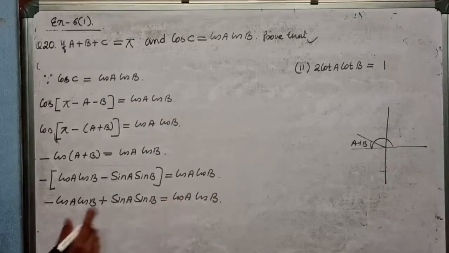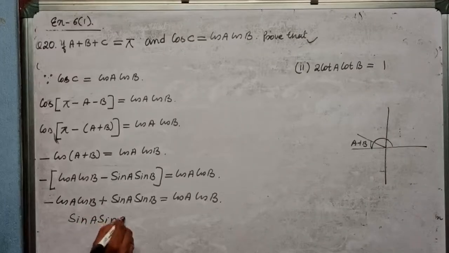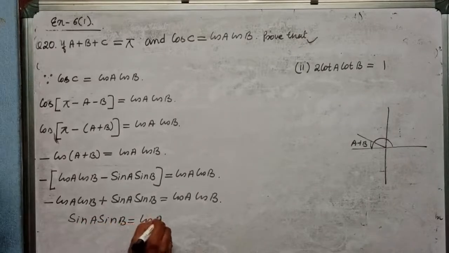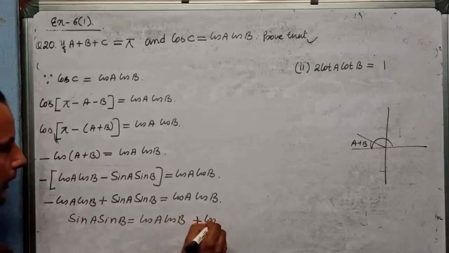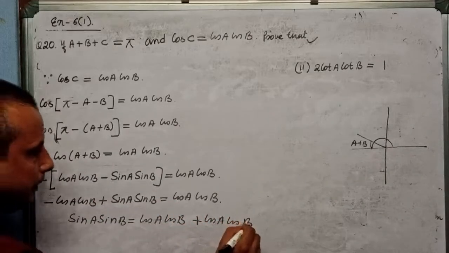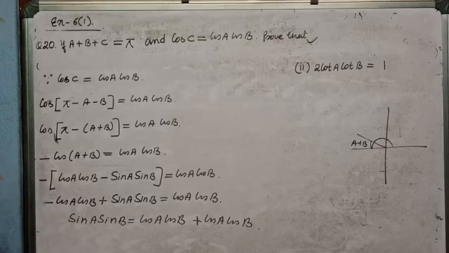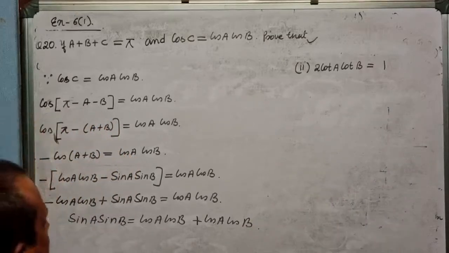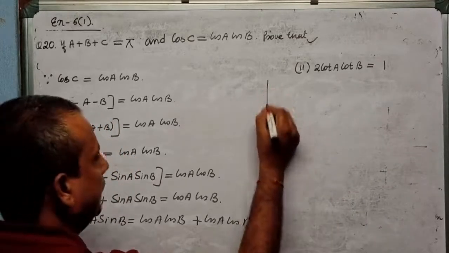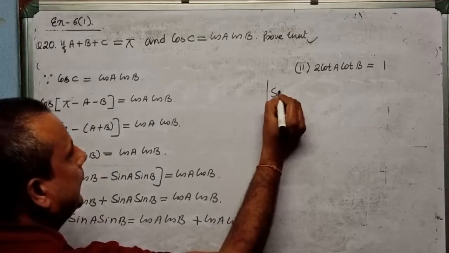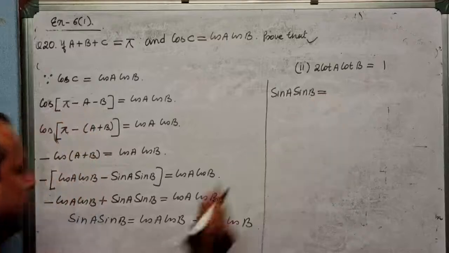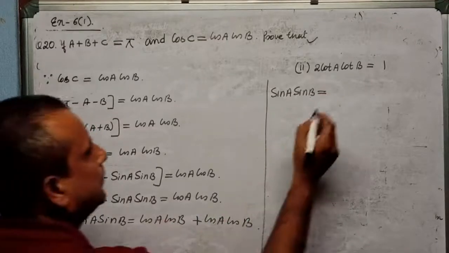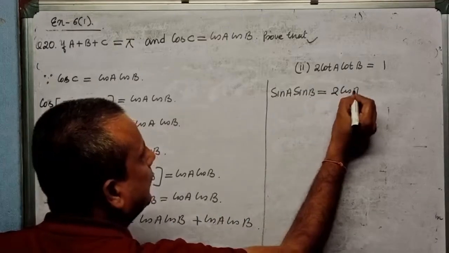Like terms I'll write in on one side, so it is sin a sin b equals to cos a cos b. If I bring this quantity over here, it will be plus cos a cos b. Now after getting this, now we'll get sin a sin b equals to cos a cos b plus cos a cos b is 2 cos a cos b.